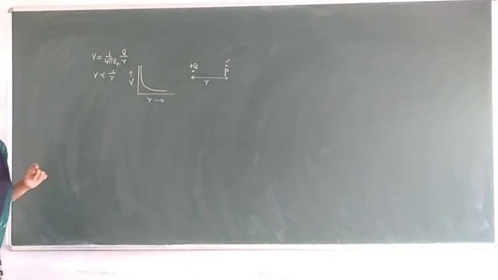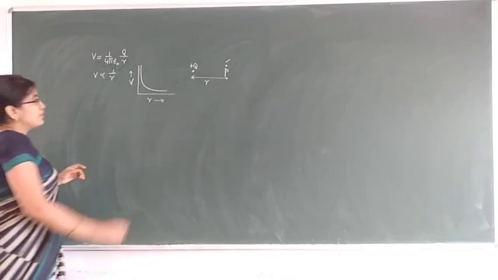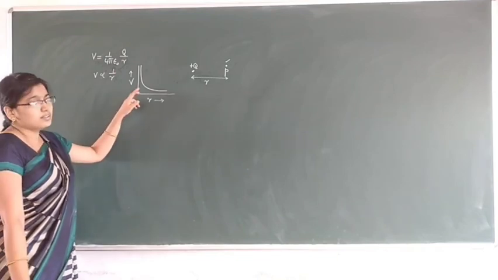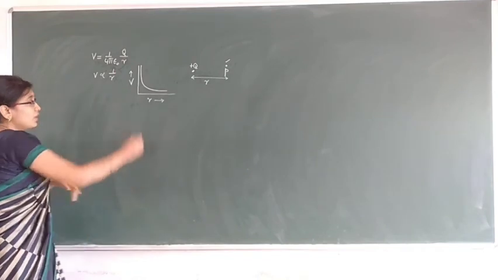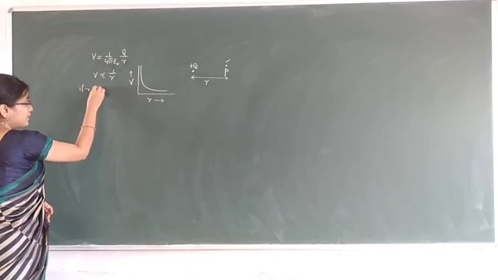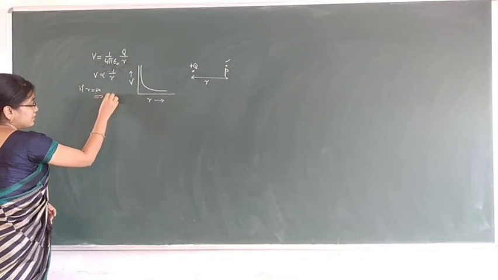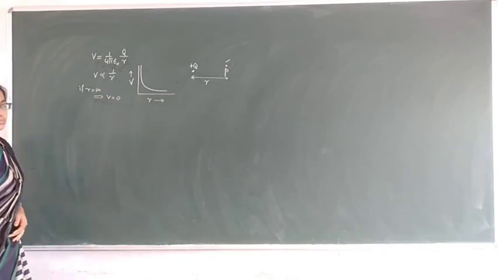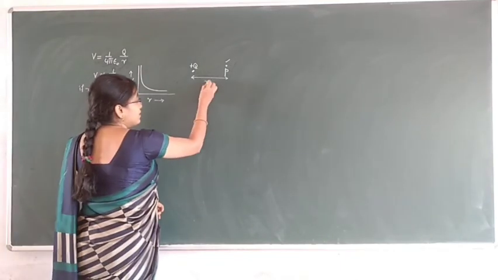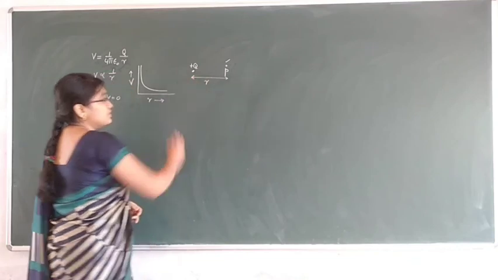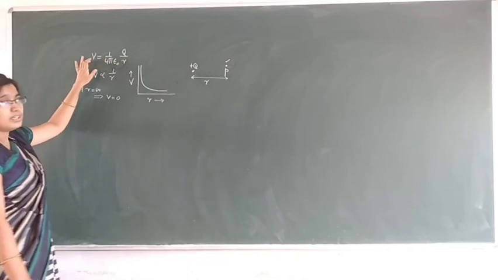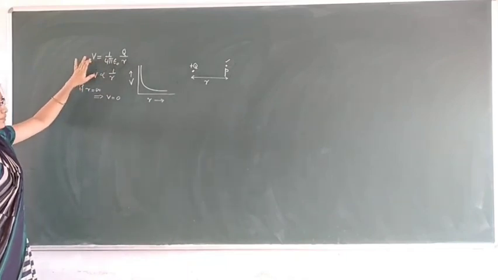It is a hyperbolic curve, because V is proportional to 1 by R. From this graph, if R equal to infinity, then V equal to 0. And when the distance between point of observation and source charge is small, then the potential will be a greater value.